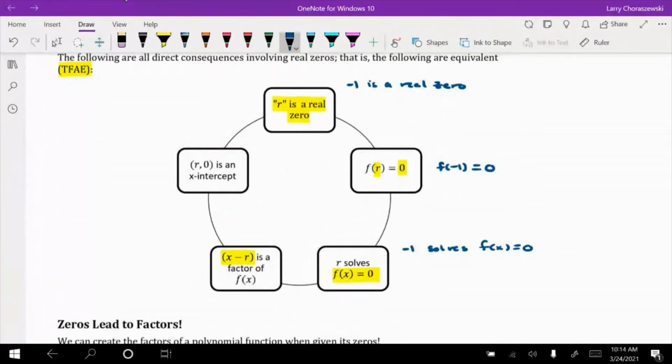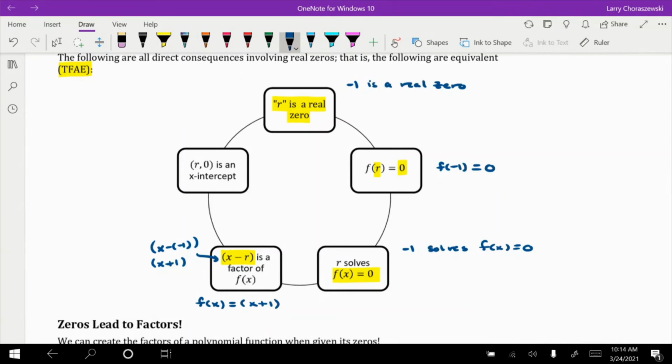Now, in our instance, x minus r would look like x minus -1. I'll put that in parentheses. And due to the double negative, the factor would look like x plus 1. And so if we wanted to factor our polynomial function from the last example, we would see that x plus 1 is one of the factors.